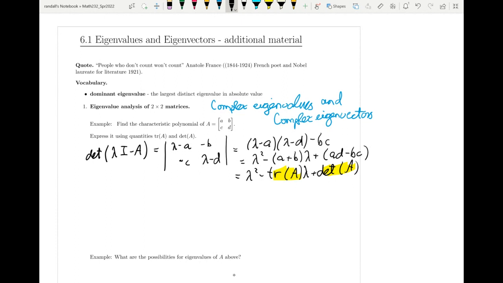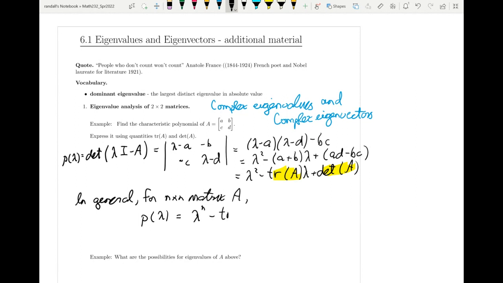Now, let me just mention here that in general, there's a formula. We can extend this in general for an n by n matrix A. We have that the characteristic polynomial, this is p of lambda, remember, what we've been calling p of lambda, can be written as lambda to the n minus the trace of the matrix A, the sum of the diagonal entries, times lambda to the n minus 1.